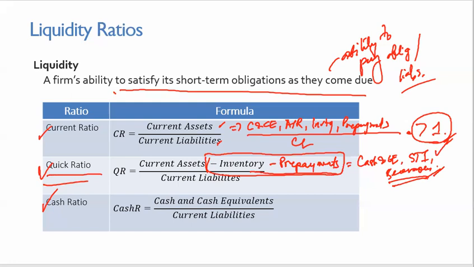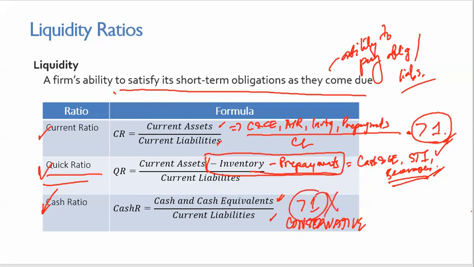The strictest form of liquidity ratio is cash ratio. Cash and cash equivalents lang ang numerator over the denominator. So this is the most conservative measure, because this is the amount of cash that you really have on hand. Pero hindi naman kailangang more than 1 to.